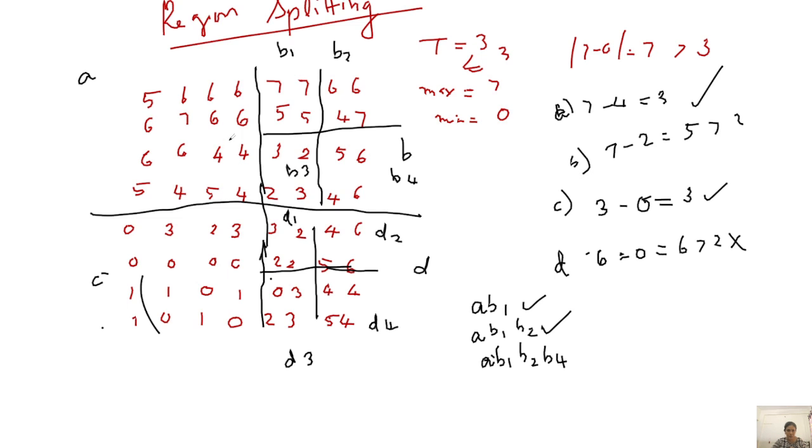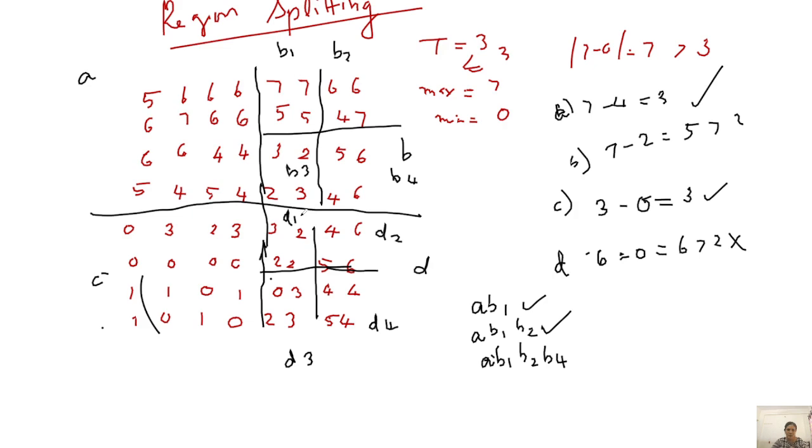Next, A, B1, B2, B4 and C. This is also not possible, right? The maximum pixel is 7 and the minimum pixel is 0. Next, A, B1, B2, B4 and D1. D1 is also not possible, right? The maximum pixel is 7, the minimum pixel is 2.